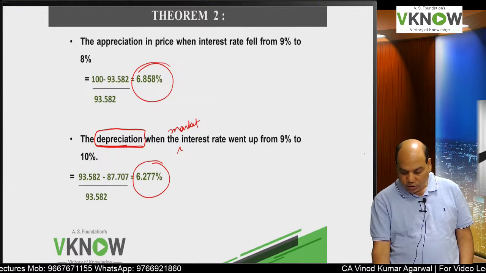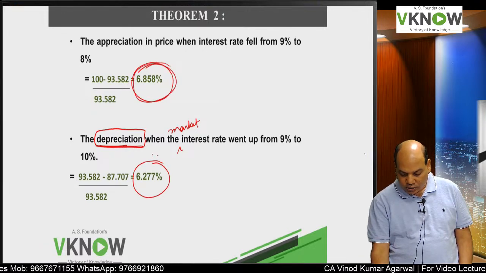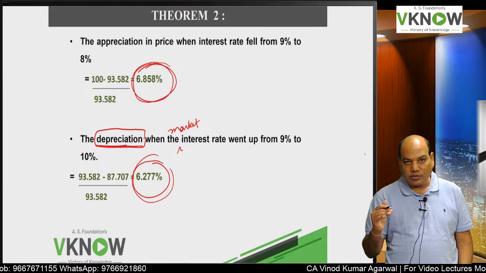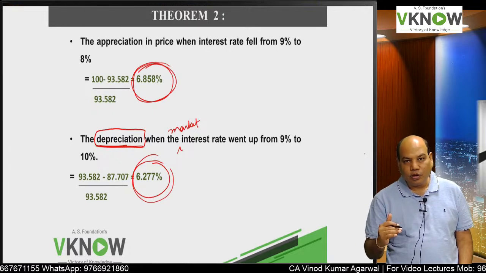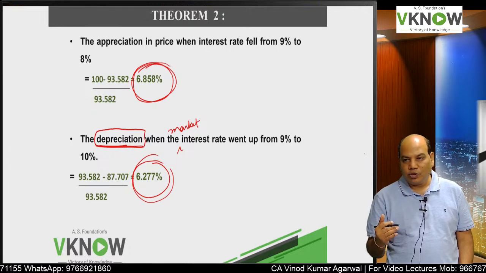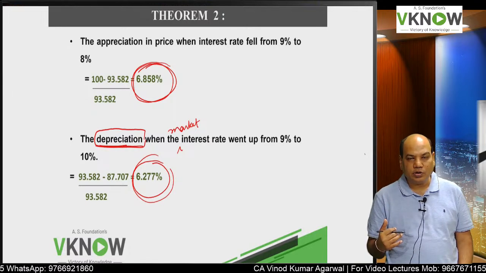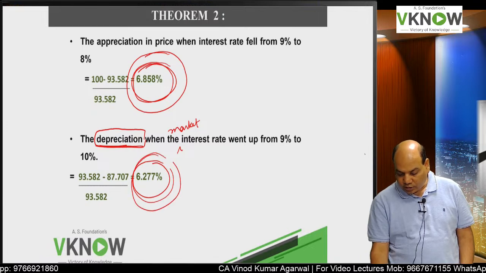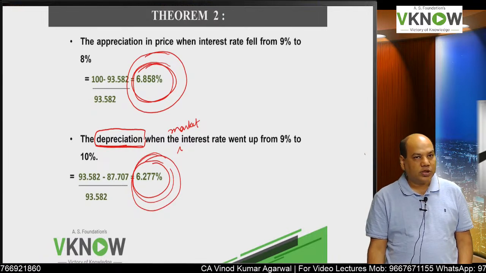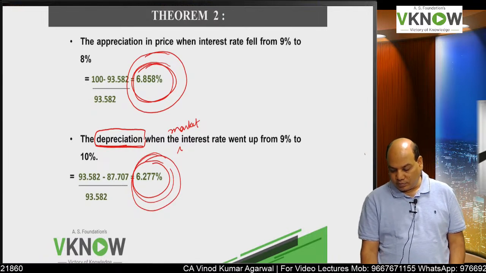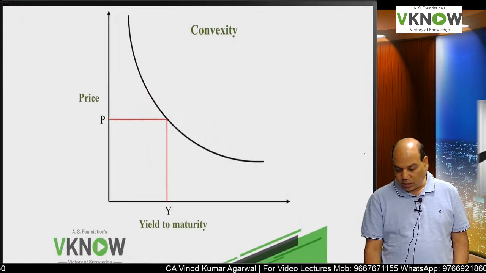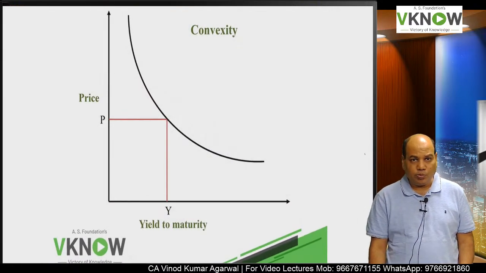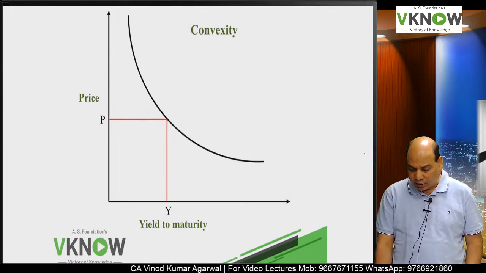Okay, this change is smaller than this. So when the YTM falls, bond price rises. When the YTM rises, bond price falls, but the rise is more than the fall for the same change in YTM.